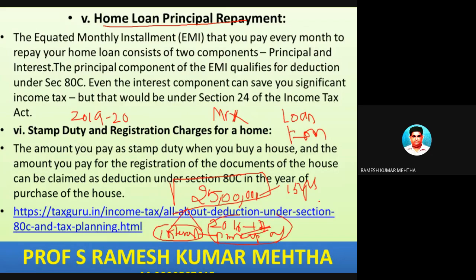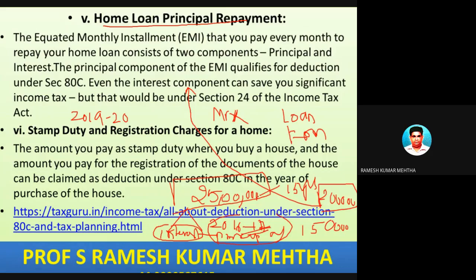So, for example, he's paying some 2 lakh rupees as home loan principal repayment. He can claim this home loan principal repayment under section 80C. And please remember, under section 80C, the maximum ceiling of the amount which can be deducted is 1 lakh 50,000 rupees only. Hope you have understood it.